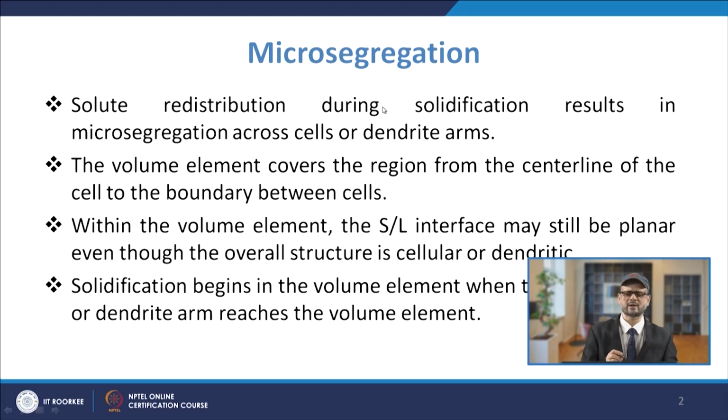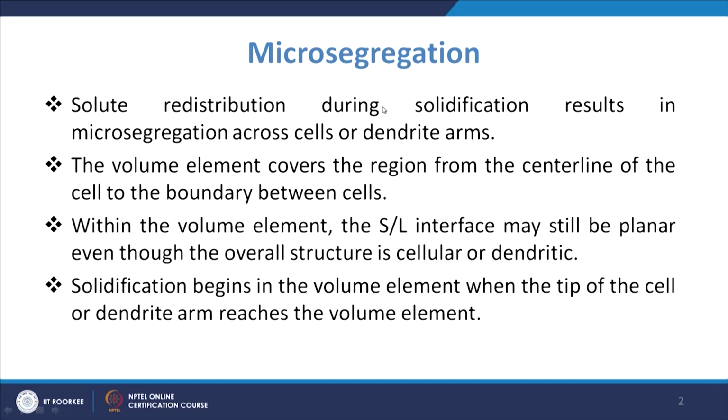So, the volume element covers the region from the center line of the cell or the dendritic arm to the boundary between the cells. This way these volume elements are defined. Now, within the volume element the solid liquid interface may still be planar.